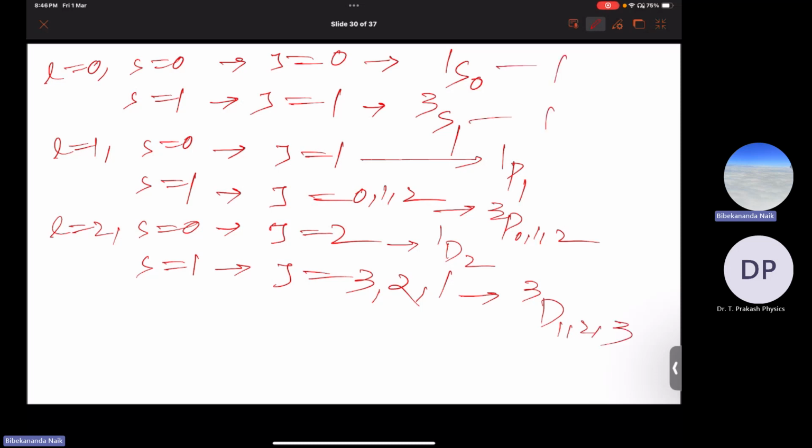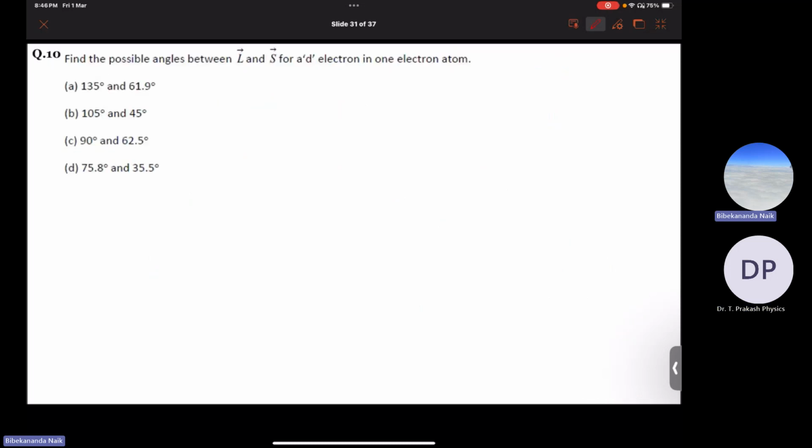So this is one term, this is one, this is one, this is three, this is one, this is three. So we have a total of 10 terms. Is this clear to you? Yes, sir. Okay, so the next question.